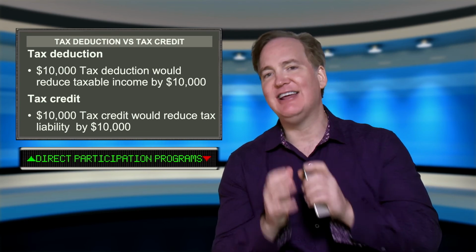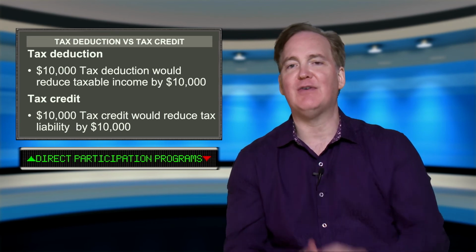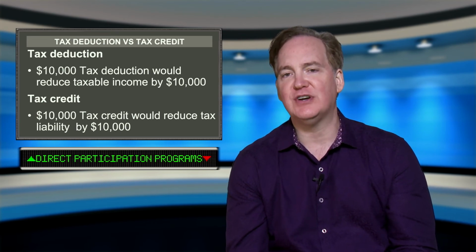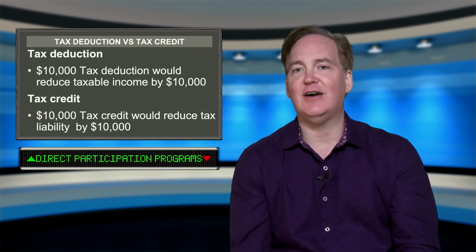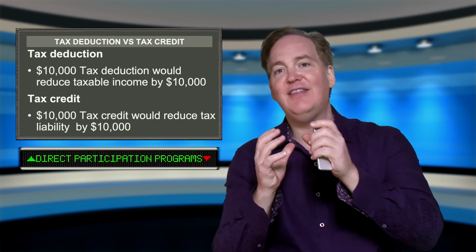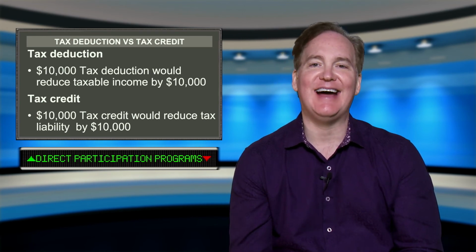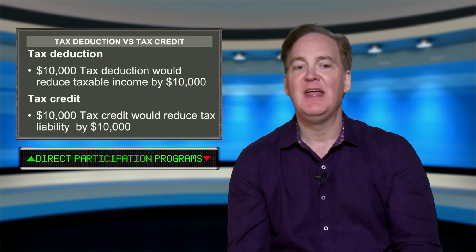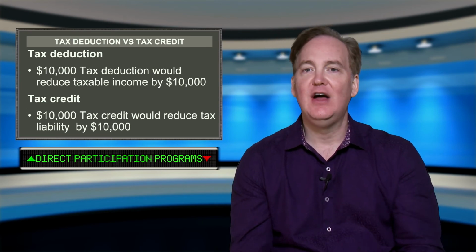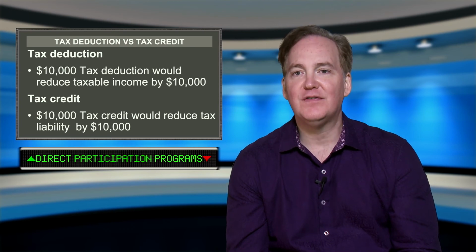So if you have a $10,000 tax deduction and the person, for the sake of a round number, made $100,000, they would tell the IRS that they made $90,000 that year, and their tax liability would be based on that $90,000. A tax credit reduces your tax liability dollar for dollar.